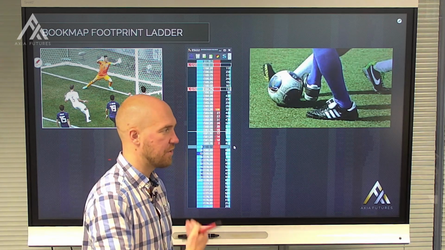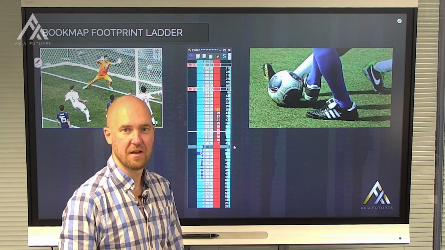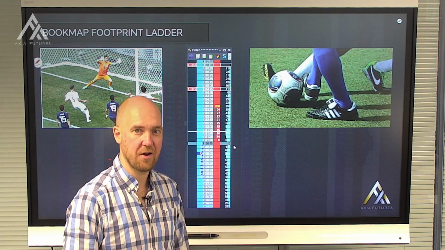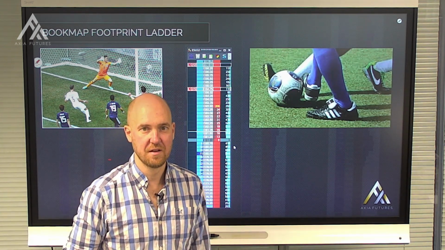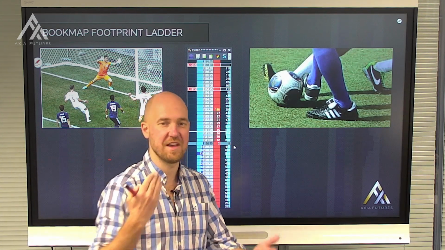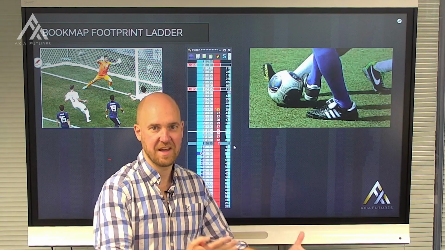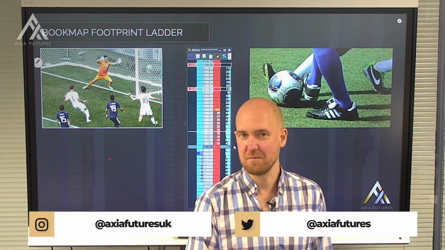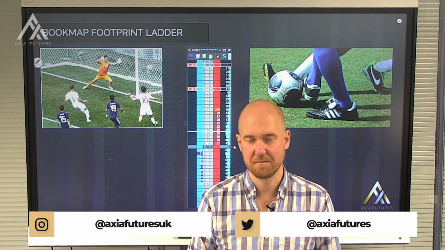Because what you can't see is whether there are 5 players in between the ball and the goal, or whether this is one player on his own against the goalkeeper. That's the bit that you don't see from a footprint, because you only see the trades, the kicks of the ball. With bookmap, you see where everybody is, but you don't necessarily know where the ball is.